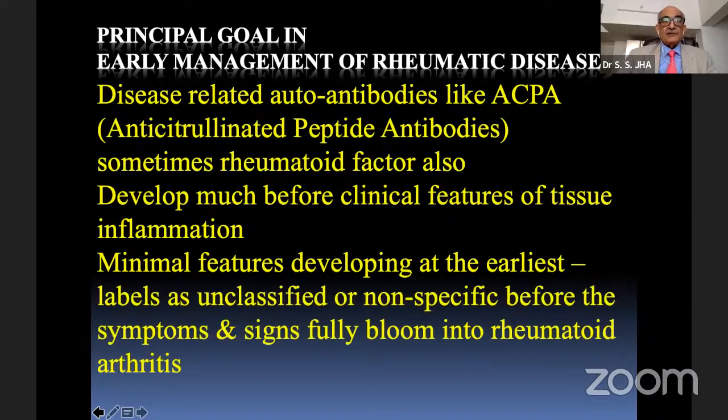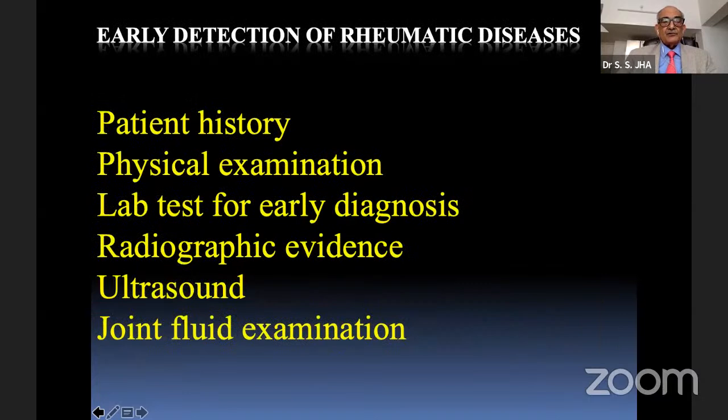Friends, the disease-related autoantibodies like anti-citrullinated peptide antibodies and also sometimes rheumatoid factor develop much before the clinical features of tissue inflammation have set in. So minimal features developing at the earliest can be labeled as unclassified or non-specific before symptoms and signs fully bloom into rheumatoid arthritis or rheumatic disease.